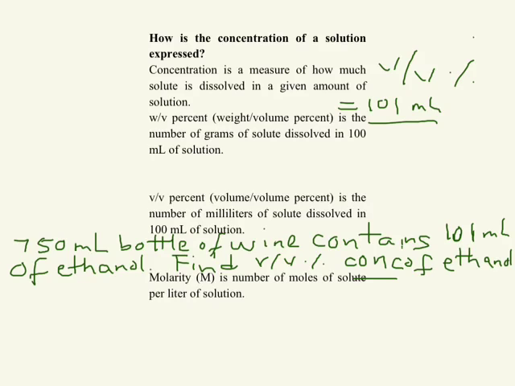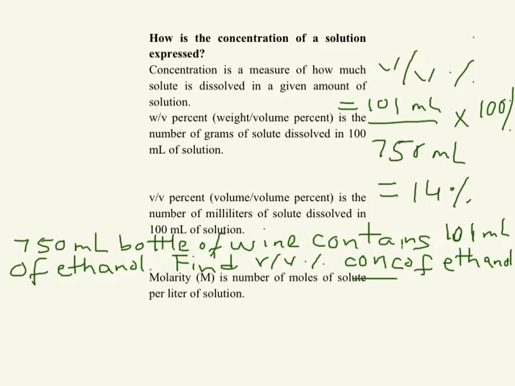And what is the volume of solution? 750 ml. And to change it to the percentage, you multiply it by 100. So when you solve it, you get 14% volume by volume ethanol. So when you take 101 ml of ethanol and make the solution, and the rest is water, then you can call that solution 14% volume by volume ethanol.